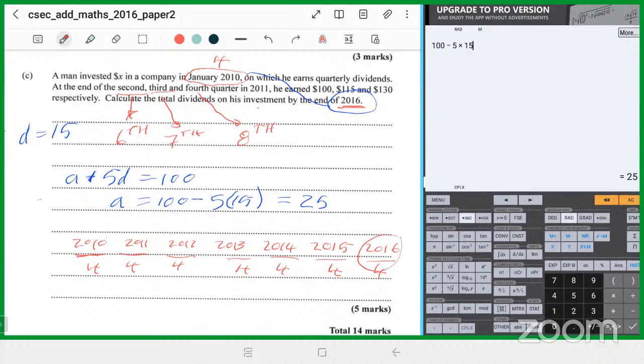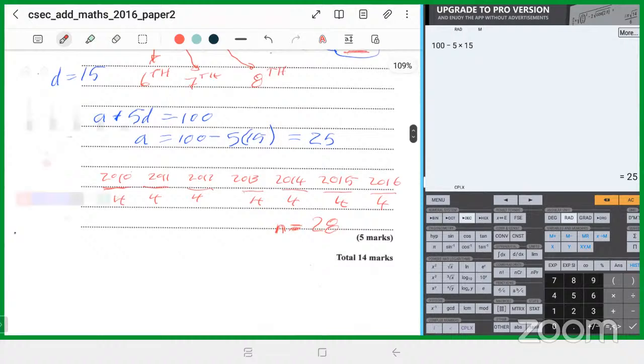But 2016 is his 28th term. It is 28 terms, 28 times he has been paid a dividend. So you want the sum to 28 terms of an AP.